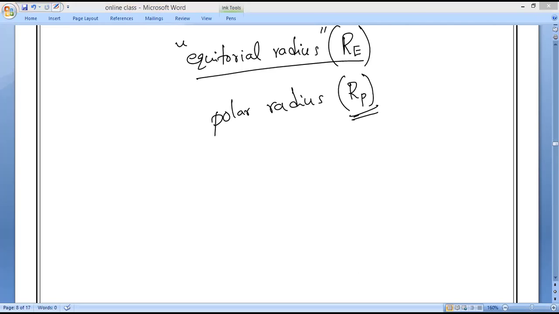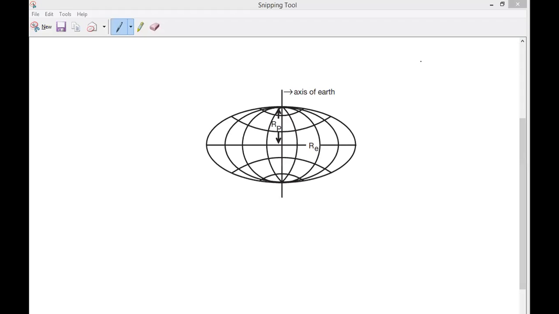Now you tell me, what is the general G formula? Anybody? What is the general G formula? G is equal to, what is the formula? At least G is equal to, what is the formula? Capital G into capital M divided by R square.